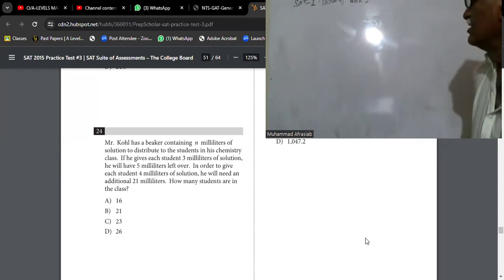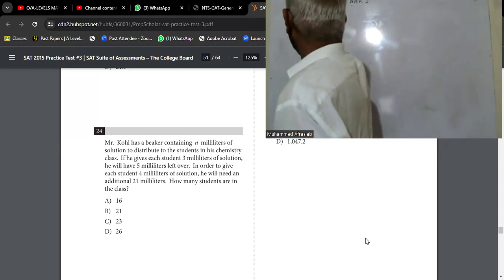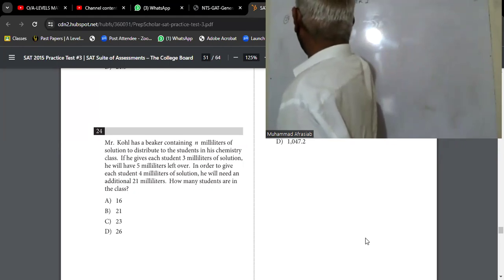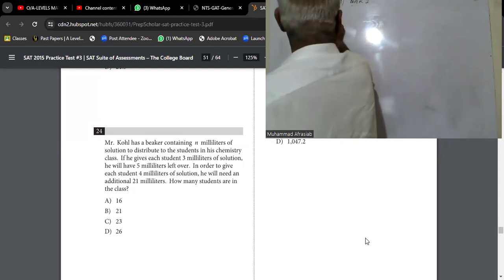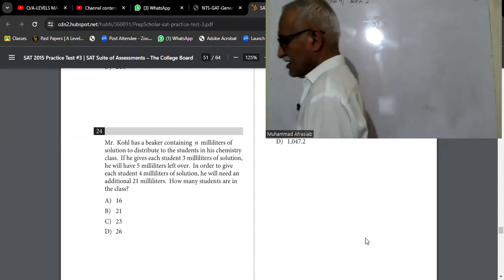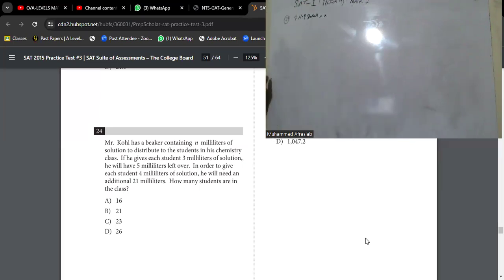So let's say the total number of students is equal to x, and he has n milliliters of the solution. The first statement says that if he gives 3 to each student, then n is equal to 3 times x, the students, and 5 milliliters is left over. So n equals 3x plus 5.